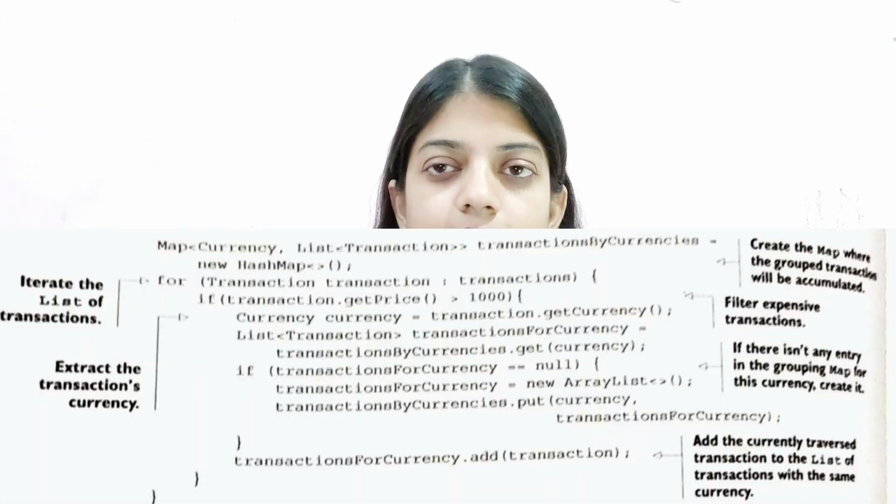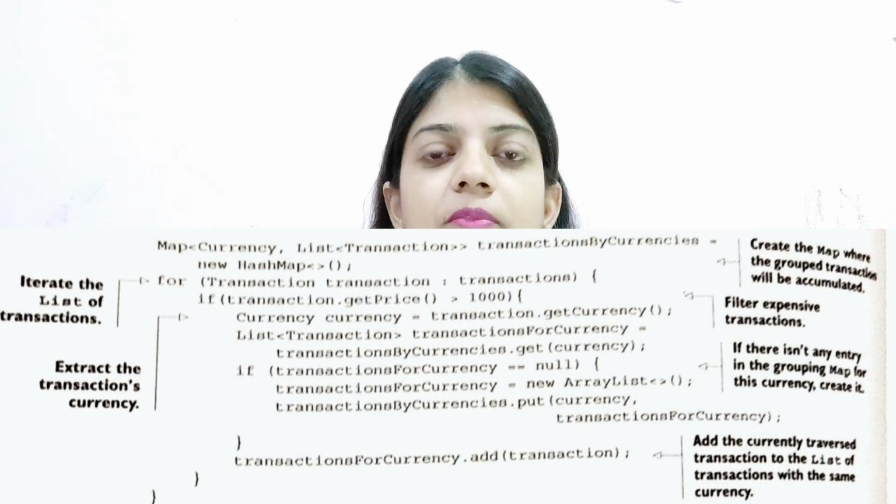And if you carefully observe here, what we are doing is iterating through the list. So we can term this as external iteration. Externally we are the ones iterating through the list, filtering and then grouping it as per the requirement.